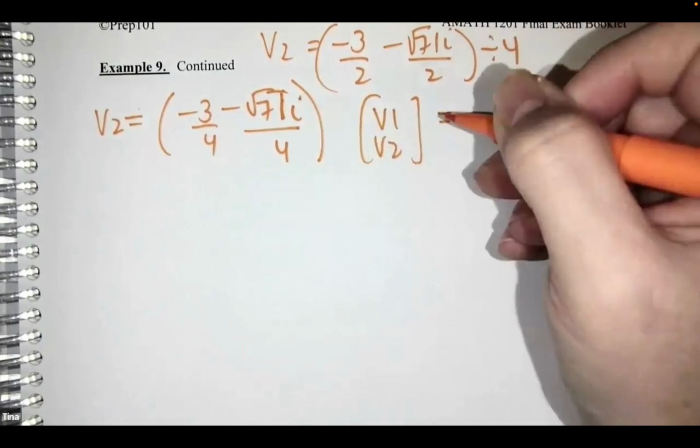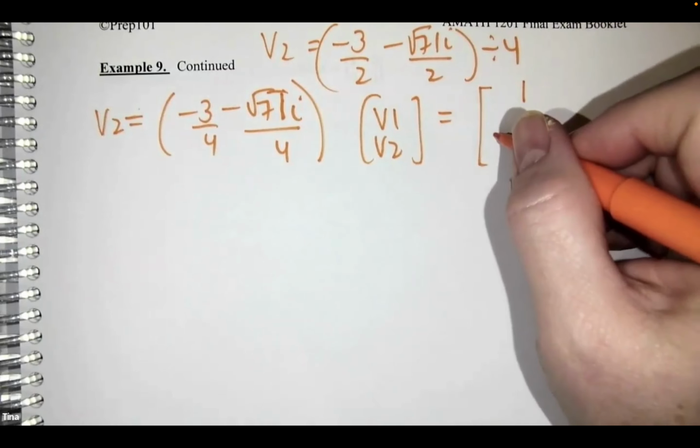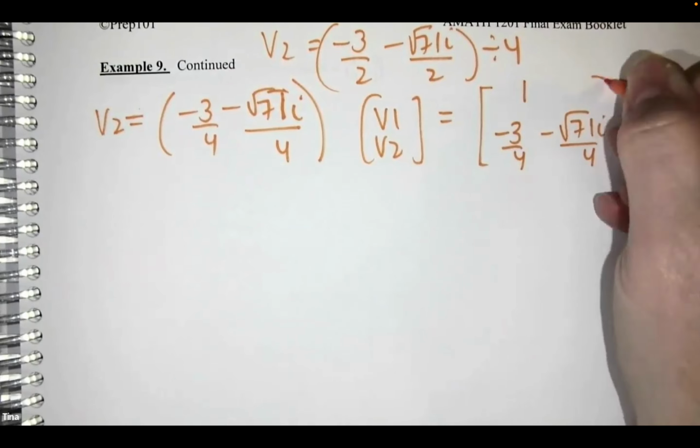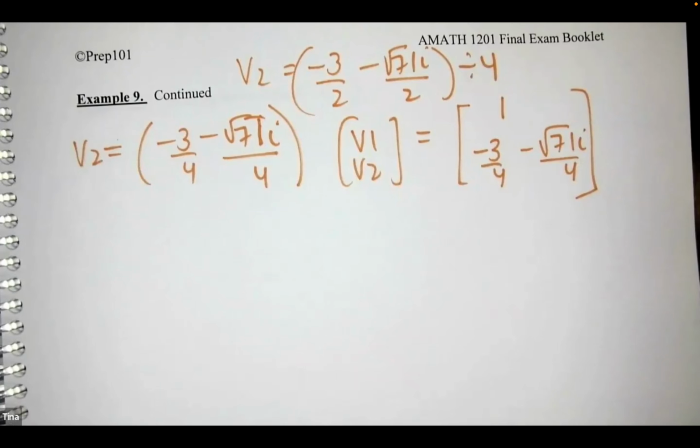So my vector is v1 was 1 and v2 is this mess.